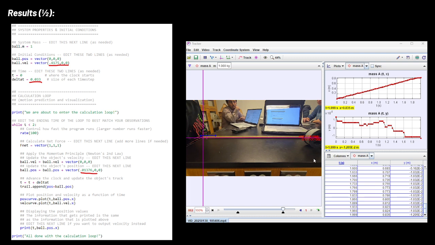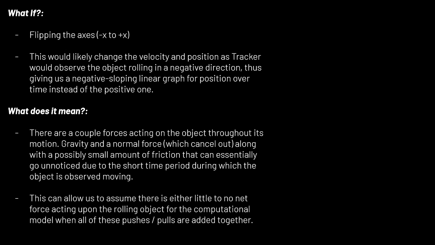These cancel out because they are equal and opposite forces, and outside of the initial applied force to get this object rolling, we only have a little bit of friction possibly pushing it back, but it's so insignificant, and especially over this small time interval, you can essentially attribute the whole object to zero net force, and this assumption allows us to model the behavior of this object pretty accurately with GlowScript code, as there is roughly zero net force. And so if we were to say there's roughly zero net force in GlowScript, we would get a similar model to the one that was given to us by Tracker.